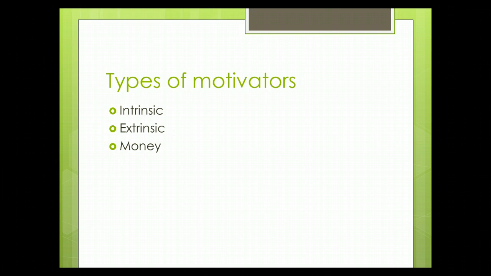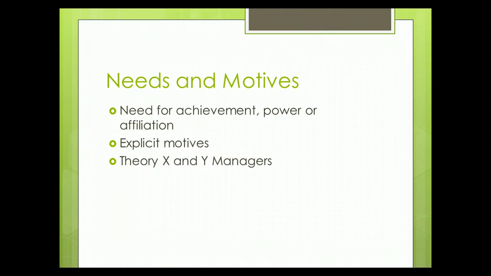If your motivations are related to stock options, wealth, certainly money will help you to achieve that. Money can be exchanged for so many different things that it's considered to be the universal reinforcer.